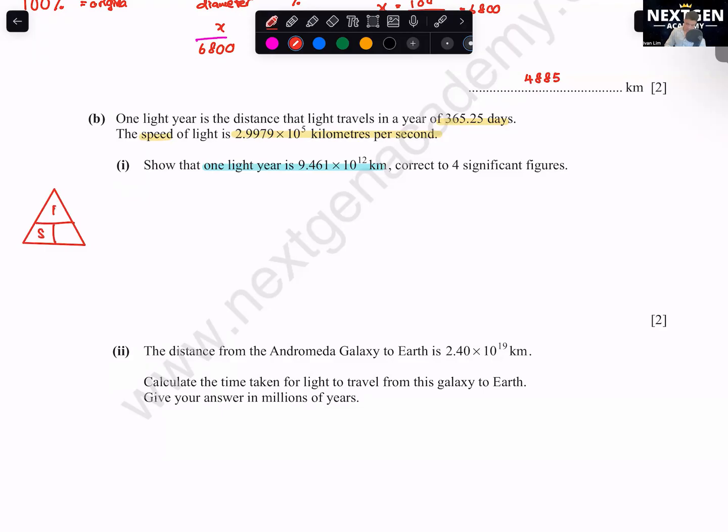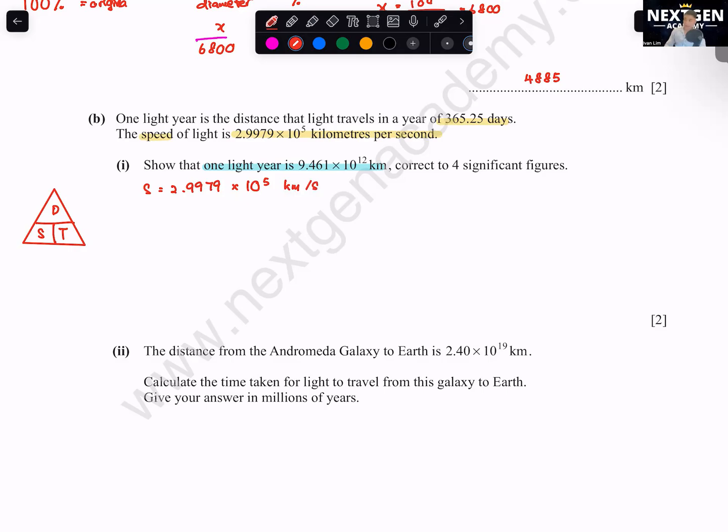Speed, distance, and time. Read the question properly. What are they giving us? They say speed is 2.9979 times 10 to the power of 5 kilometers per second. Units here are very important.